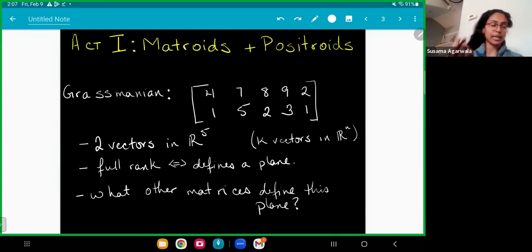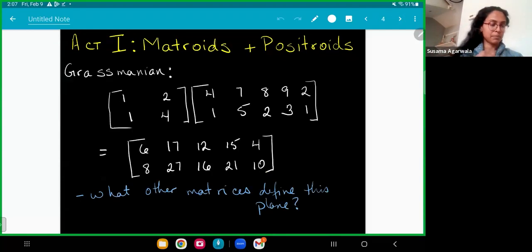The question I have is, this matrix will give me 2 vectors, but it's not unique. There are lots of other vectors that can define the same plane. For instance, I can do some matrix multiplication, and all I need to do is make sure that the determinant of this matrix is not 0.